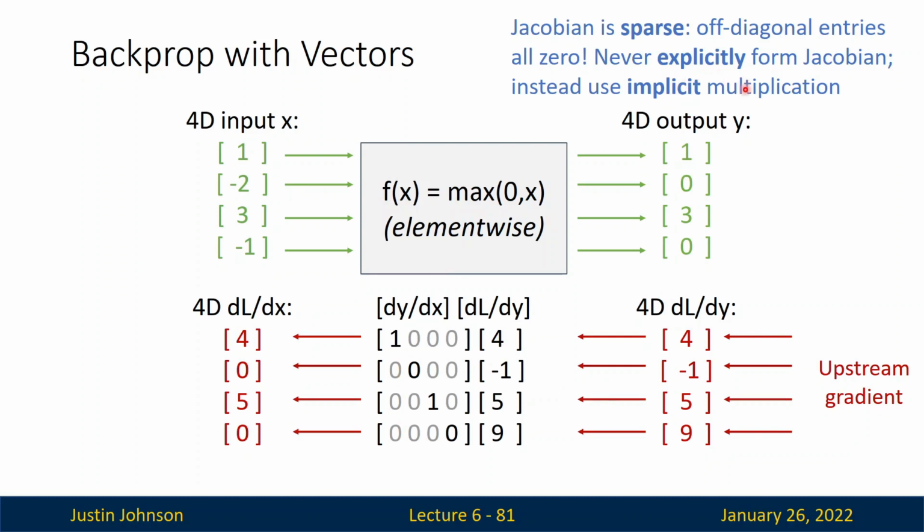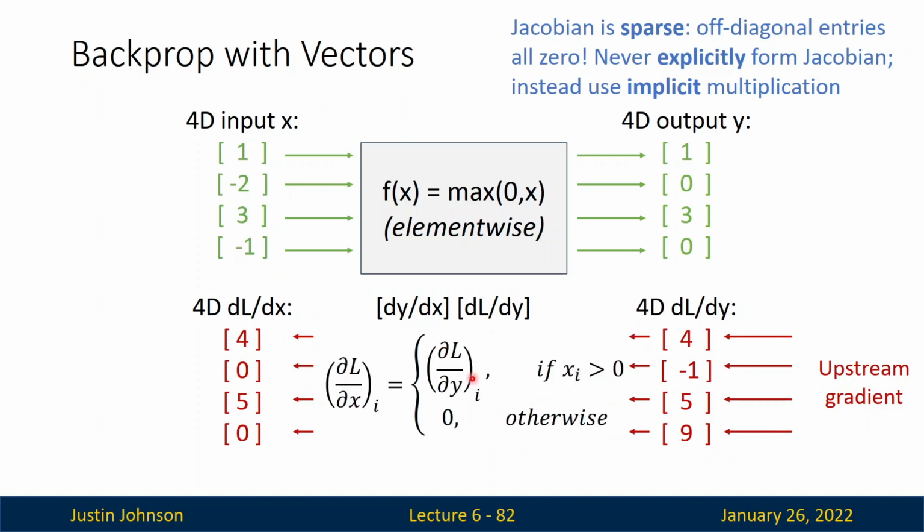They just explicitly use their code to check whether the input is greater than 0, and then copy those values from the upstream gradient to the downstream gradient. Otherwise, set it as 0. So it can improve the speed of the backpropagation.